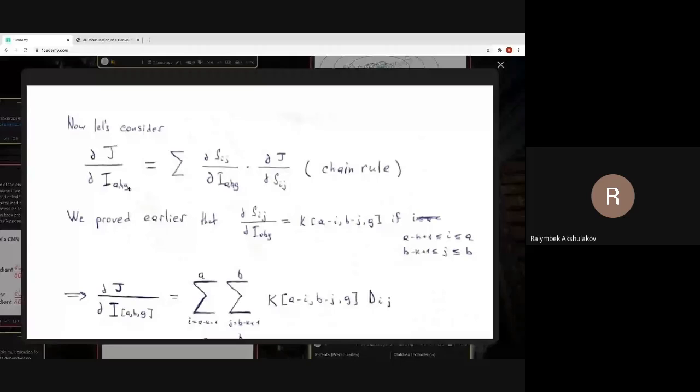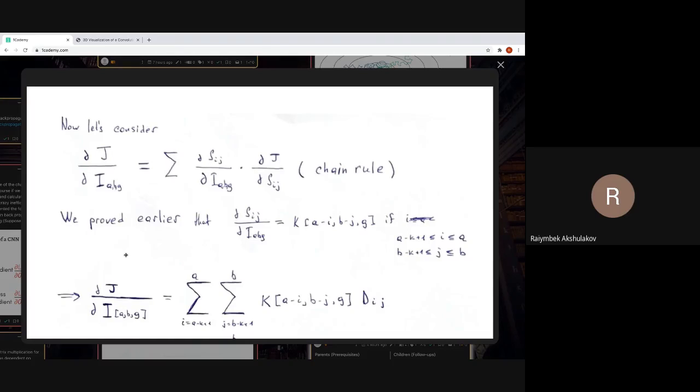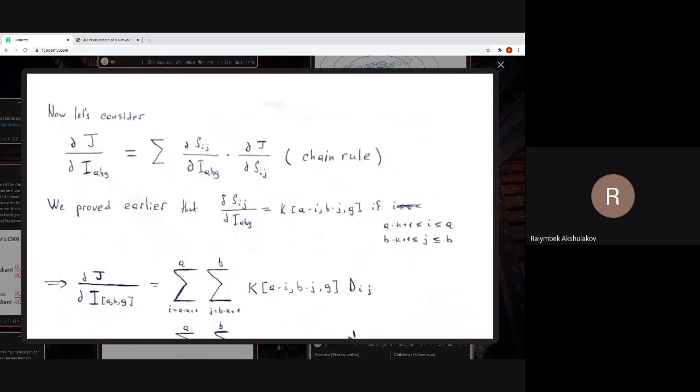We take an arbitrary index A, B for the input, and we sum over all the I, J that can be affected, so that I, J is affected by input A, B. We proved earlier that if those inequalities hold, we have this equation.